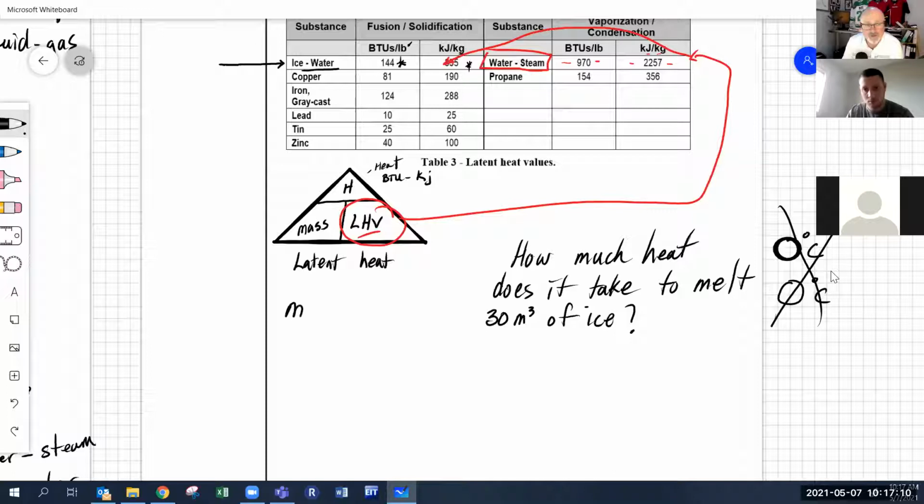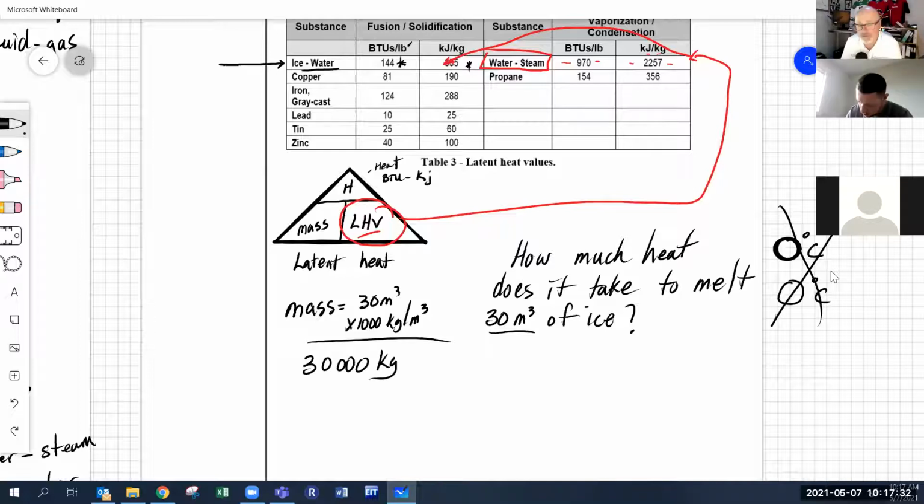So first off, we need a mass. Our mass is always in kilograms or pounds. We have 30 cubic meters of ice, so we have to multiply that by 1,000 kilograms per cubic meter to get us a mass of 30,000 kilograms.